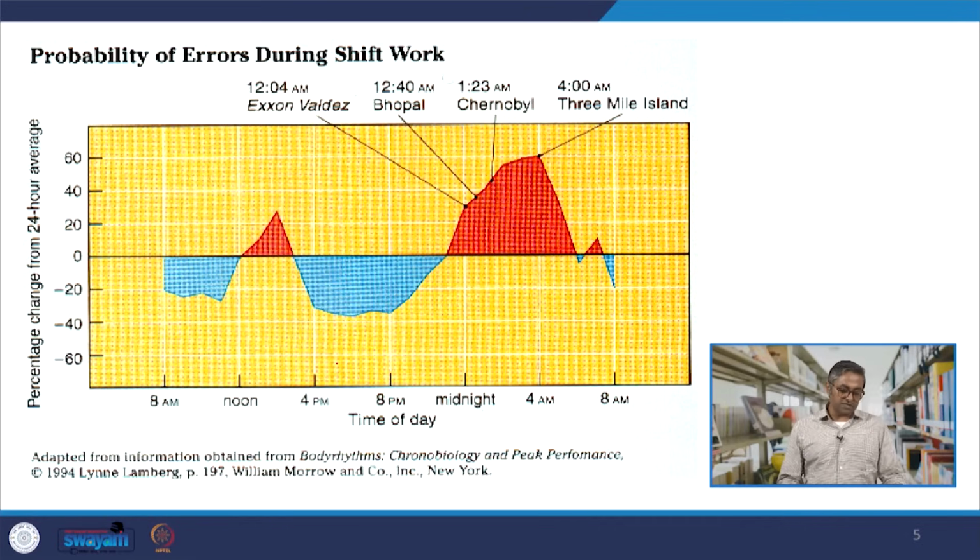On the y-axis, you can see the change in an hour, and roughly it is about 24 hours of changes. And on your x-axis, there is a time window. What you see here is that most of these accidents which are piling up are happening during the midnight, particularly roughly around 1 am to 3 am.